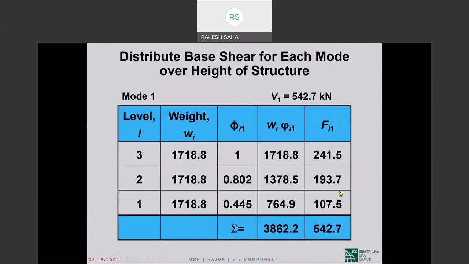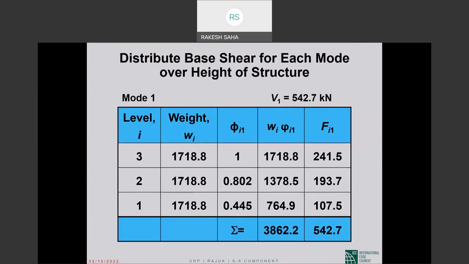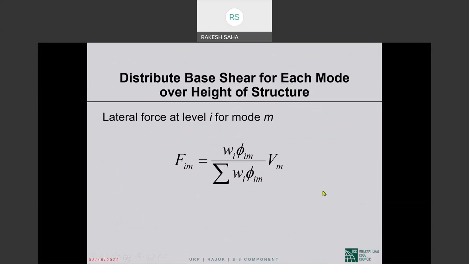So essentially the first mode base shear is distributed along the height of the structure according to the first mode shape. That's the best way to say it. The first mode base shear of 542.7 kilonewtons is distributed along the height of the structure according to the first mode shape. And that's what we are trying to express by this expression.